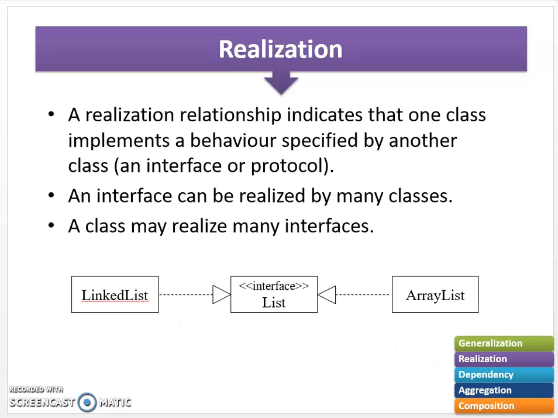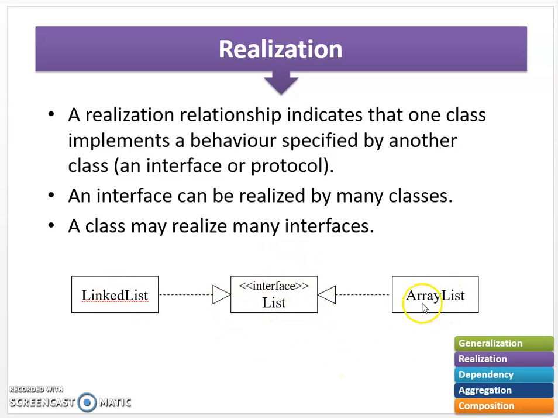Another relationship is realization. This is a relationship that indicates that one class implements a behavior specified by another class, which could be an interface or a protocol. An interface can be realized by many classes. In this example, a linked list realizes an interface list.